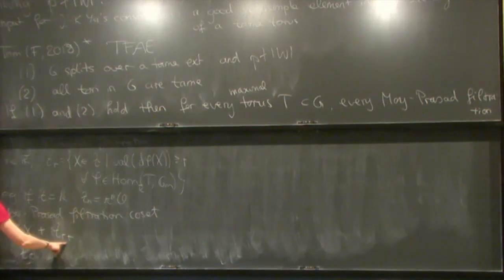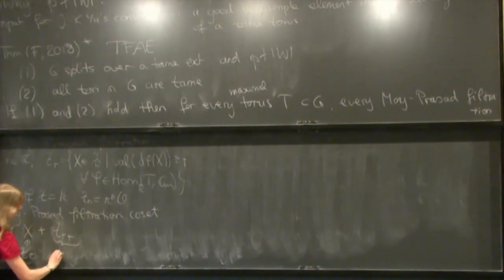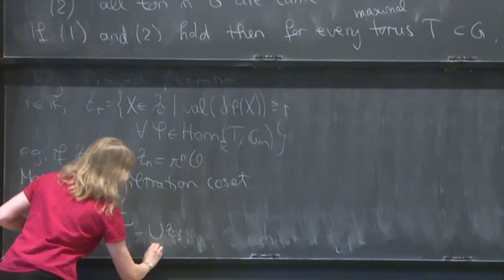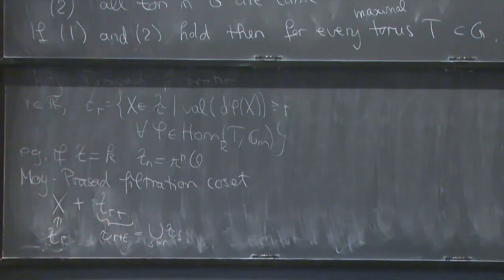And what is T sub R plus? This just means it's T sub R plus a very small epsilon. In other words, it's a union of T sub S for S greater than R. So if you have a jump, it's the next filtration subgroup. And we look at all these cosets. And the claim is that all these cosets contain particularly nice elements.